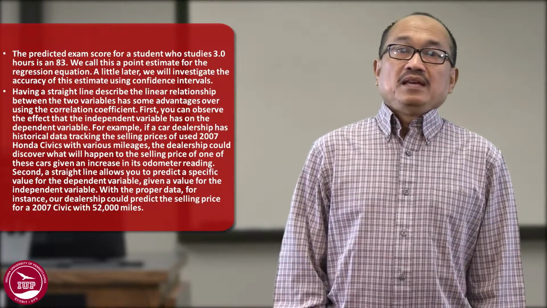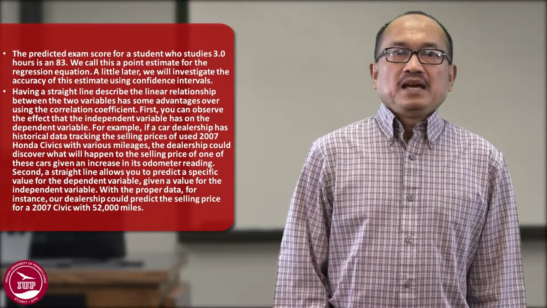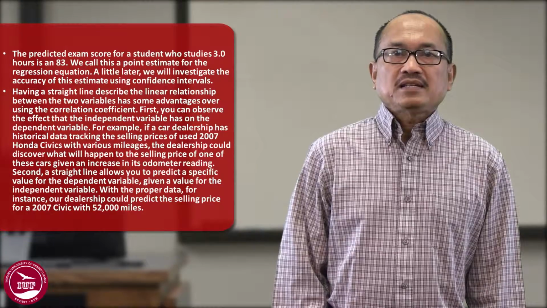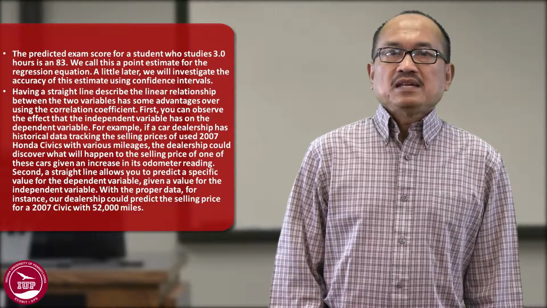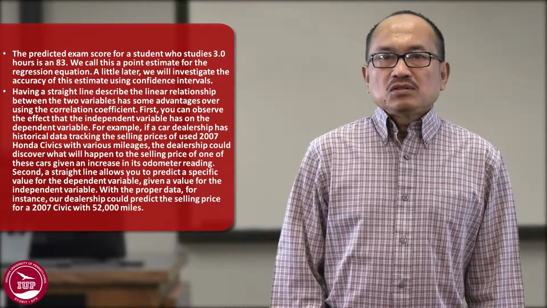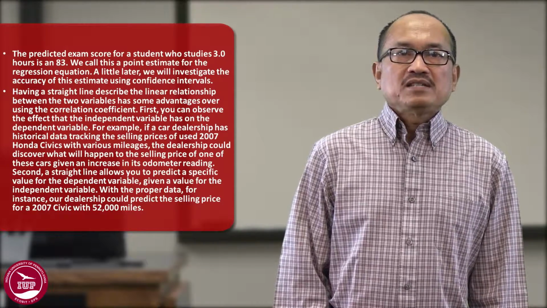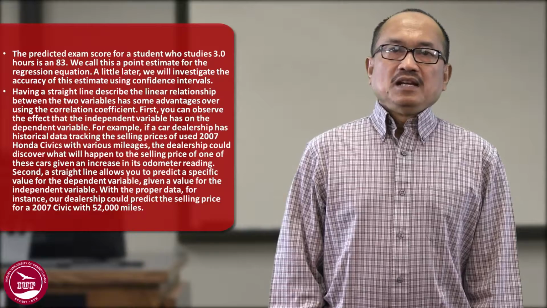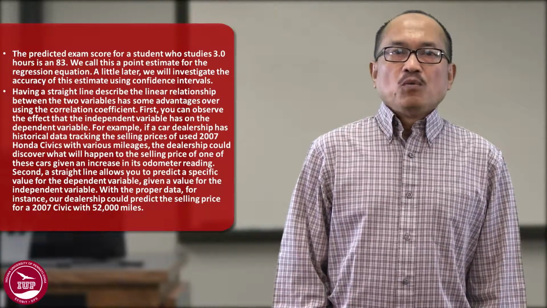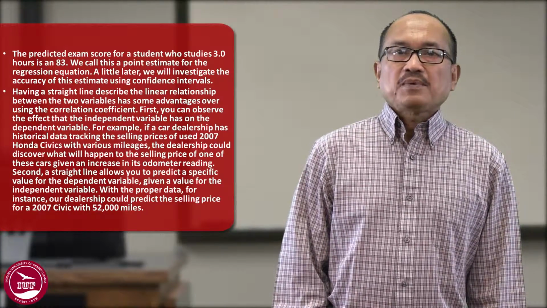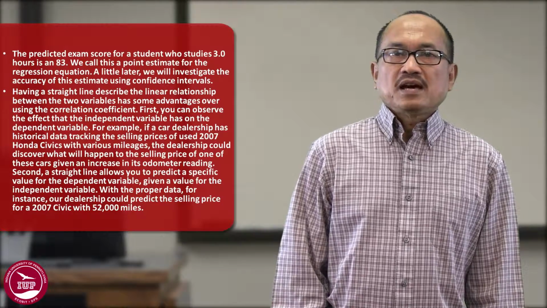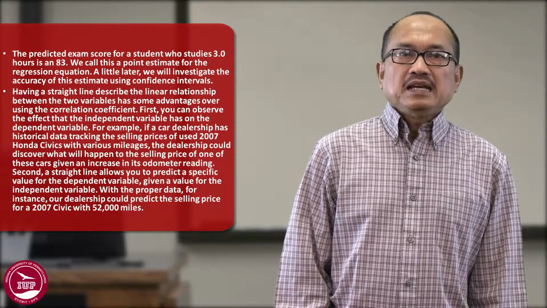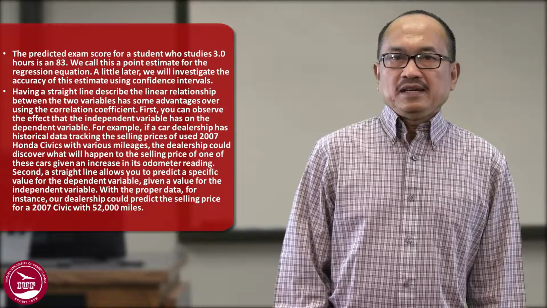For example, if a car dealership has historical data tracking the selling price of used 2007 Honda Civics with various mileage, the dealership could discover what will happen to the selling price of one of these cars given an increase in the odometer reading.